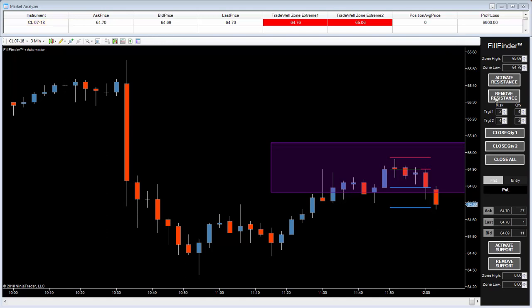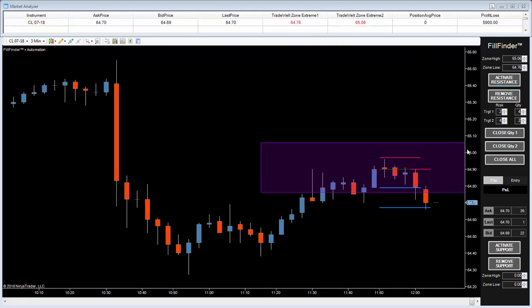We can see there were 6 contracts traded. The P&L on the trade is 900, and that's all from a market that had sold off and generated a potential resistance zone, which was broadcast by TradeWell. It shows up automatically, as you saw. Once it's there, you simply take the numbers and enter them into PhilFinder, activate the zone, and you can do it ahead or behind, whatever you want.